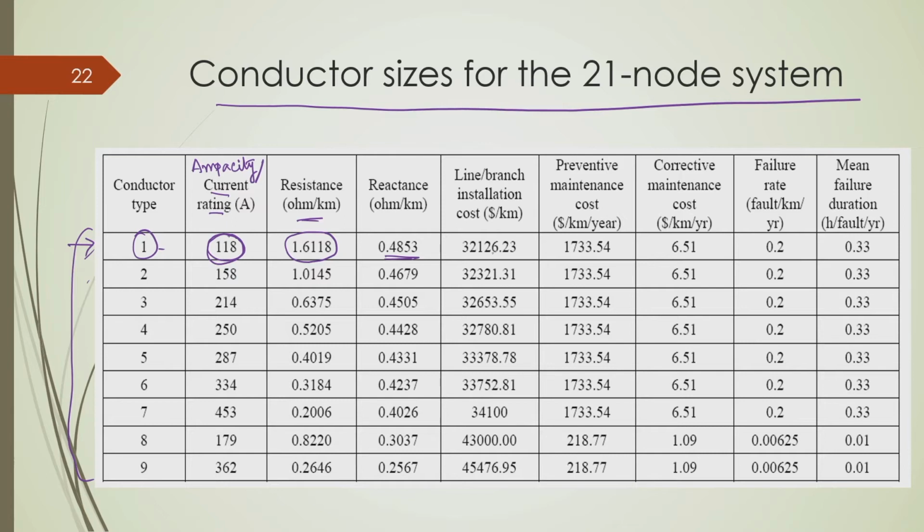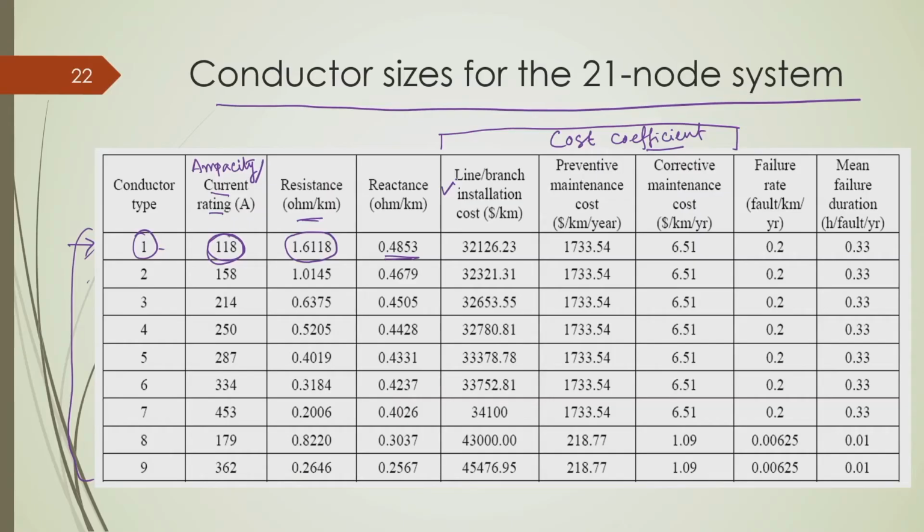And the next 3 columns give the cost coefficients, because, as I have said, we need cost coefficients in order to estimate the cost of installation of a particular line. This one is the branch or line installation cost, this one is the preventive maintenance cost, and this one is the corrective maintenance cost.